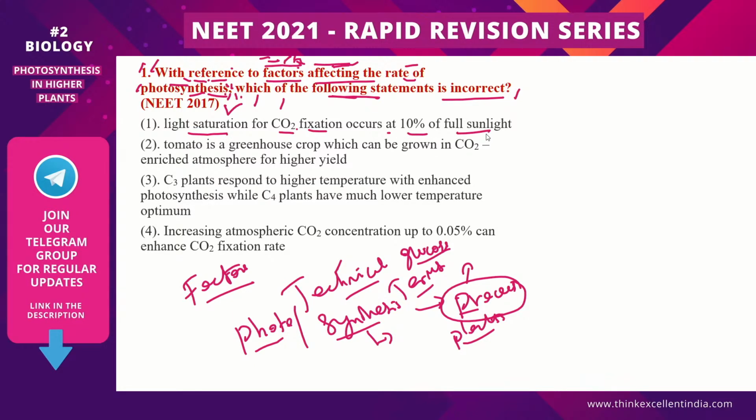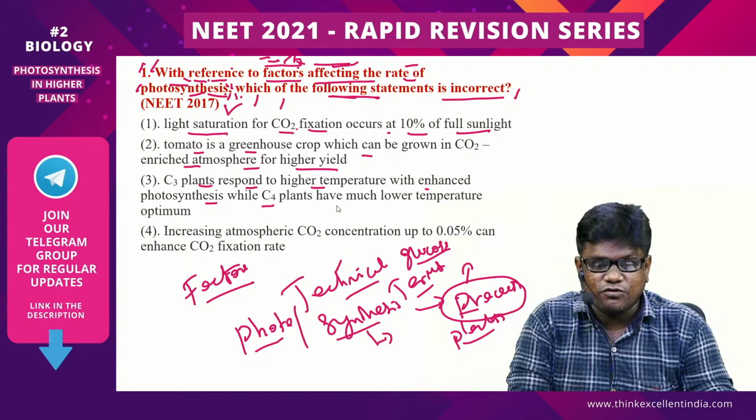And here, the first option is light saturation for CO2 fixation, which occurs at 10% of full sunlight. Tomato is a greenhouse crop which can be grown in a CO2 enriched atmosphere for higher yield. The C3 plants respond to higher temperature with enhanced photosynthesis, while C4 plants have a much lower temperature optimum.